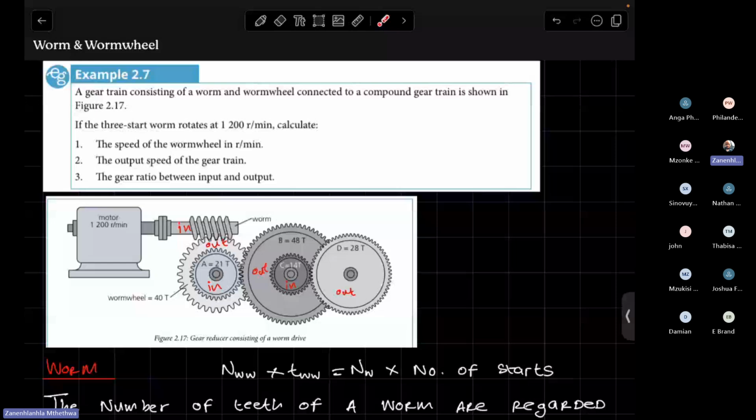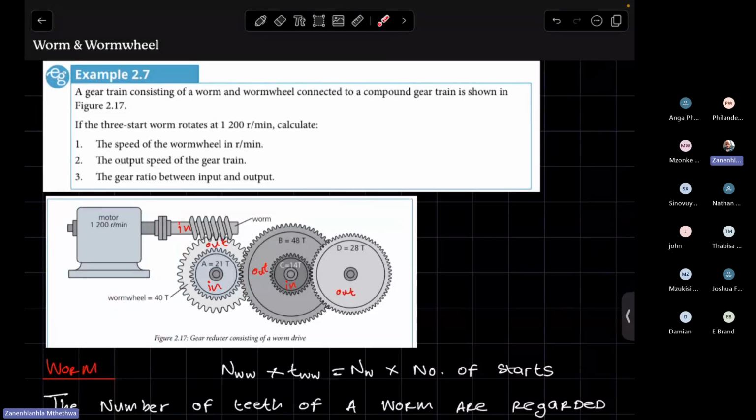For a worm, because it doesn't necessarily have a number of teeth, we use the number of starts. So looking at this relationship between the worm wheel and the worm, you would substitute the number of starts, being 3. In fact, we'll look at this example.